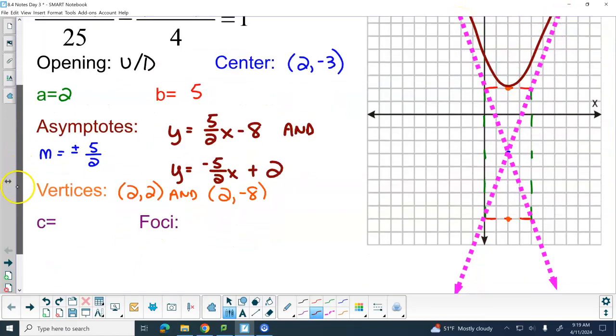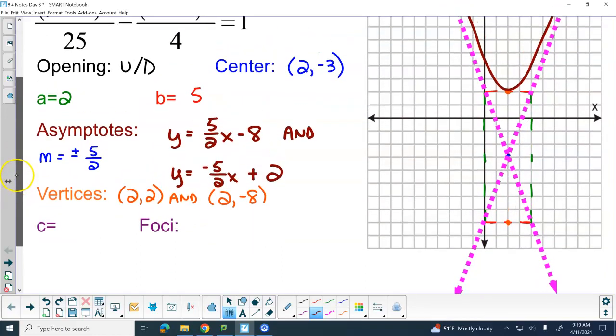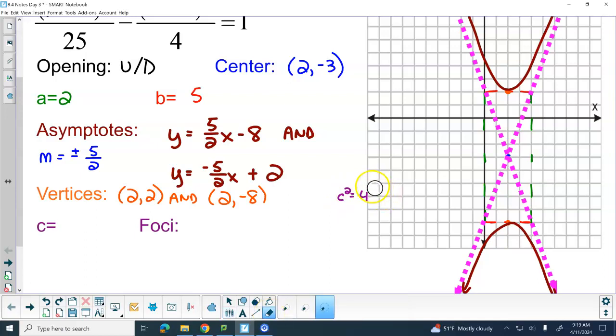Scroll down for this one. c squared is going to be a squared. Oops, that's already a squared. We have to break, so I don't need the squared on it.